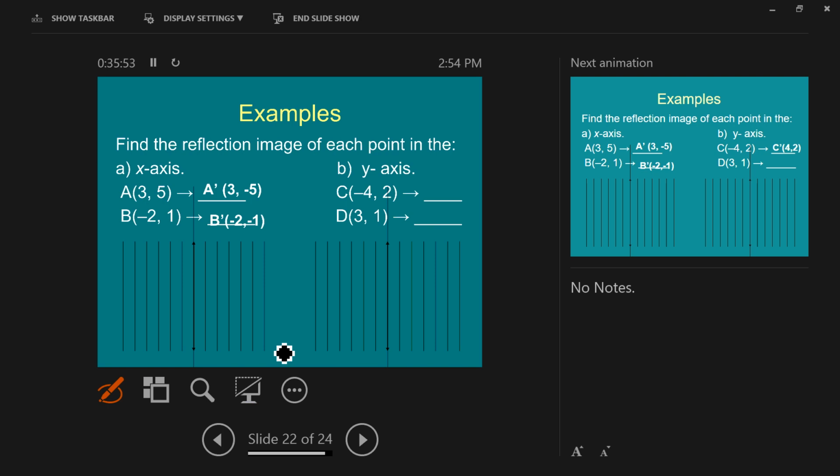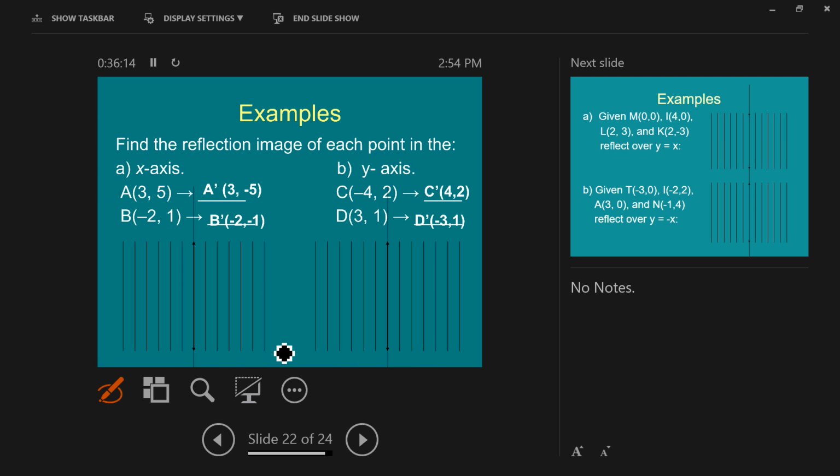Okay, so C prime would be 4, 2, which means D prime is going to be -3. Very good. Okay, so across the x-axis changes the sign of y. Across the y-axis is going to change the sign of x. All right? Then go ahead and flip it on to that last page.